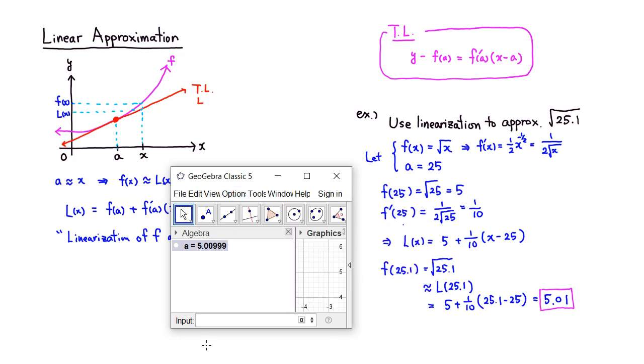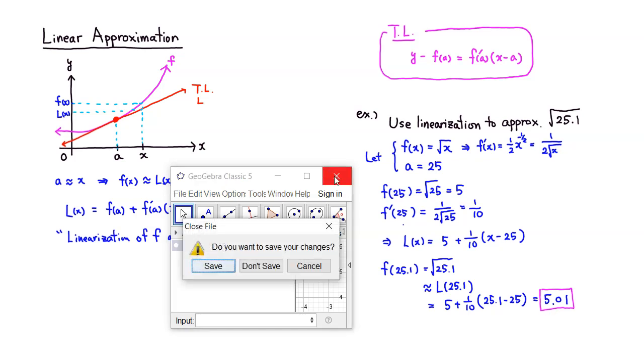The square root of 25.1 came out to be 5.00999, and our approximation is 5.01. You can see that this is pretty close to the actual value. It's not quite exact, since it keeps on going, but our approximation is very close to the actual value.